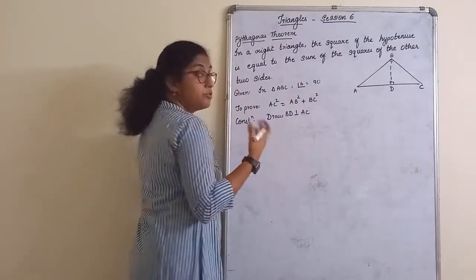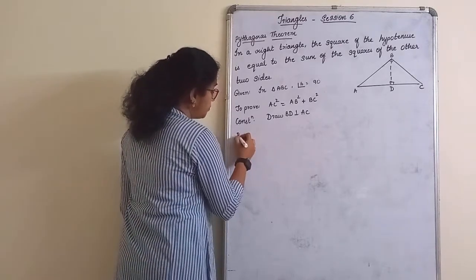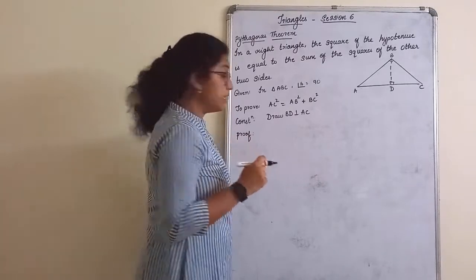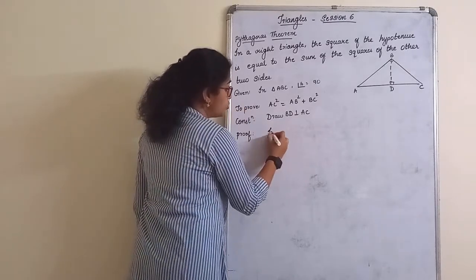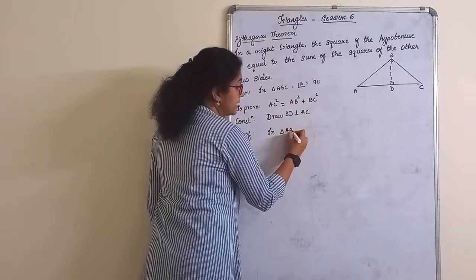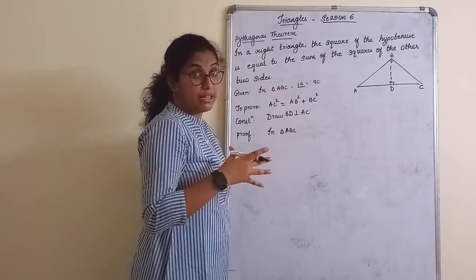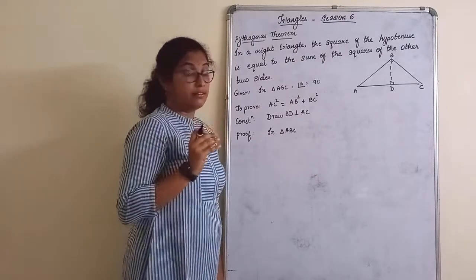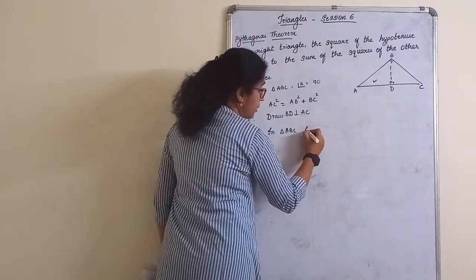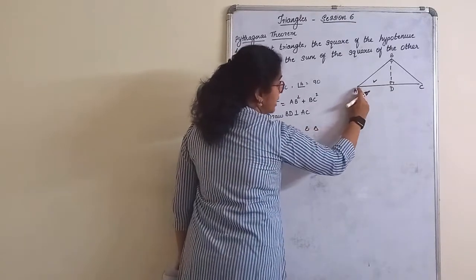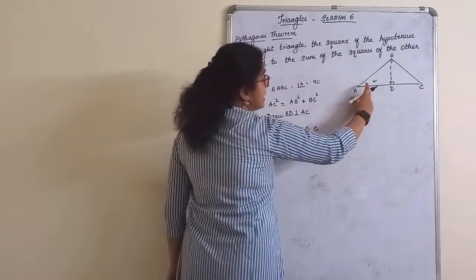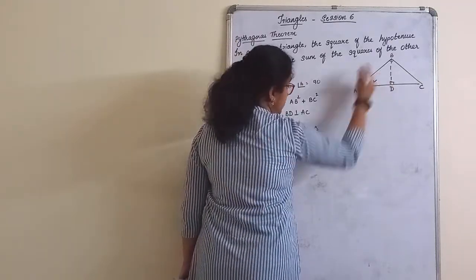So we need to prove the triangles are similar. How to prove triangles are similar? What types of triangles are chosen for similarity here? Always choose one whole triangle. In triangle ABC, this is the whole triangle, and we have two part triangles. First I will choose triangle ABC and next triangle ADB.